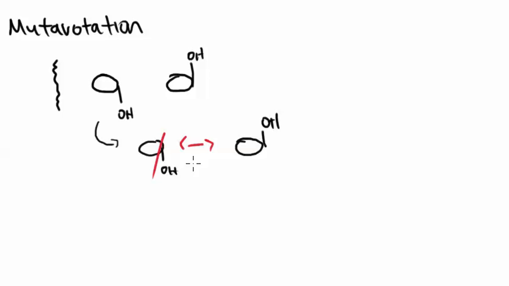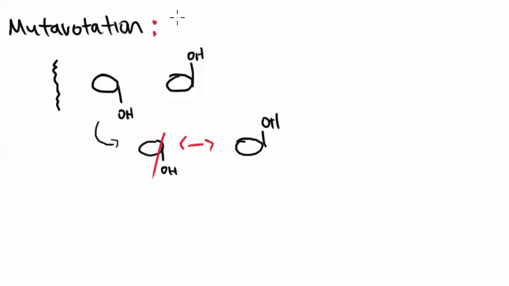That ring is then going to open back up, flip the OH around maybe, and then close back down, and maybe that OH group is in another new position. So this alpha and beta anomer is at constant war with each other all of the time, and we see this equilibrium begin to get established. Okay, well, that's what mutarotation means.